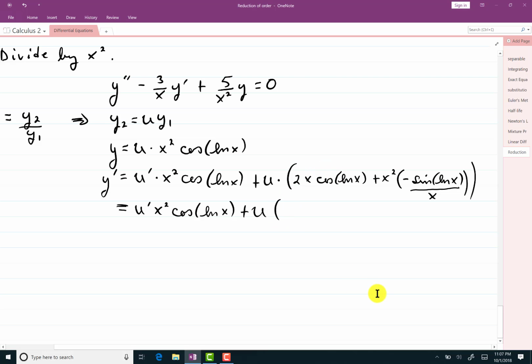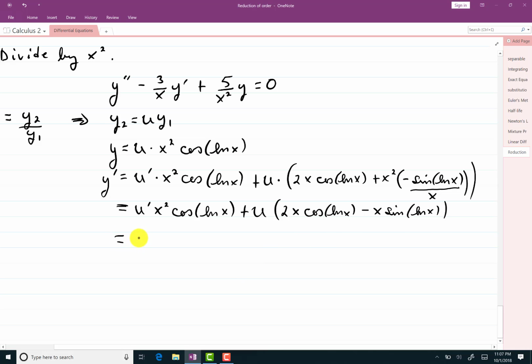Can't do much about 2x cosine of ln of x. But now I can cancel the x's a little bit, so I can get negative x sine of ln of x.